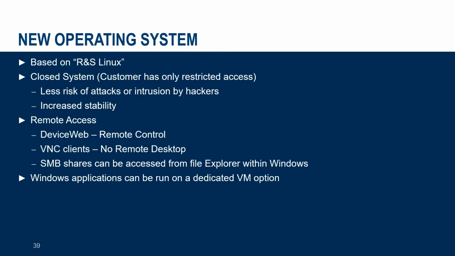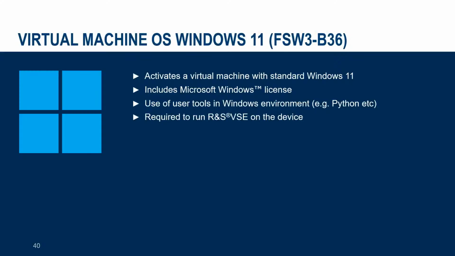So all the same, but much more stable and secure. And for those who have some scripts running on Windows, we offer a virtual machine where Windows scripts can still be activated and used, so that you can use your old SCPI scripts, whatever, which are in a Windows mode.